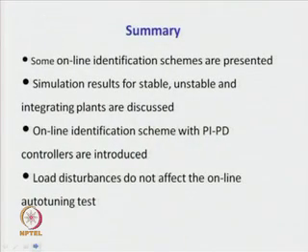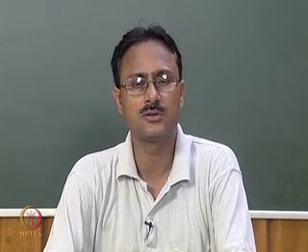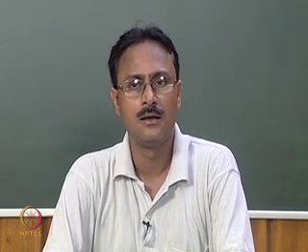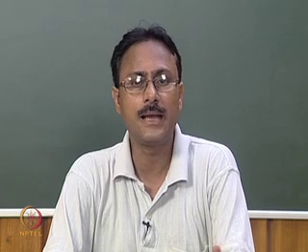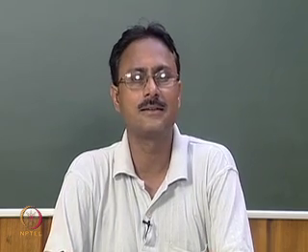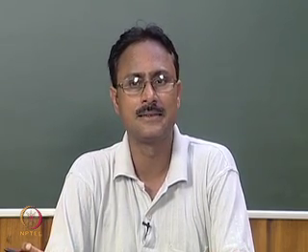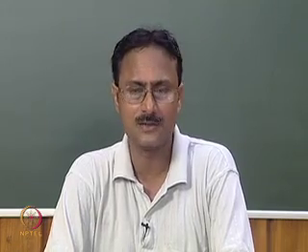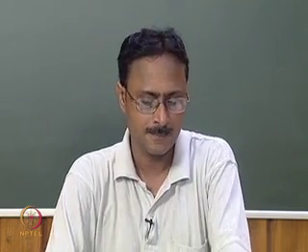summary of the lecture. So, three types of online identification and control schemes have been discussed. We have found that the online identification and control schemes are better than the offline identification and control schemes as far as static load disturbances and asymmetricity of limit cycle output signals are concerned.